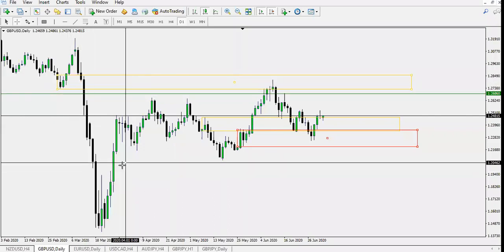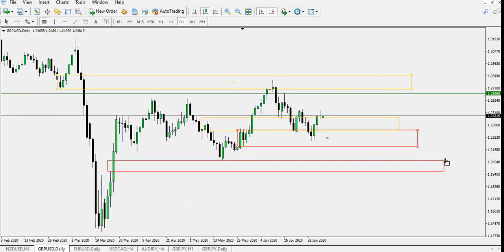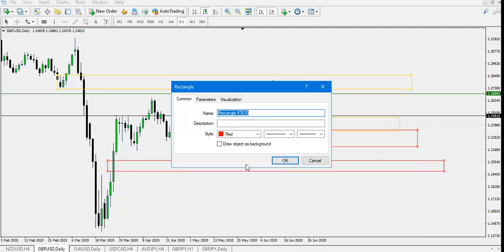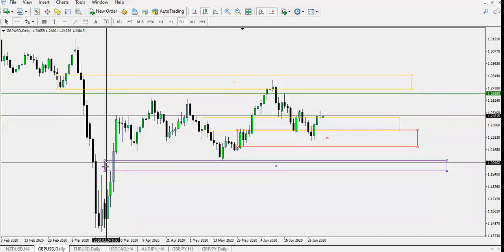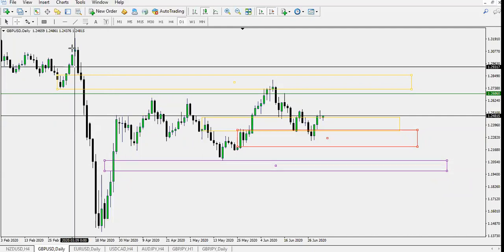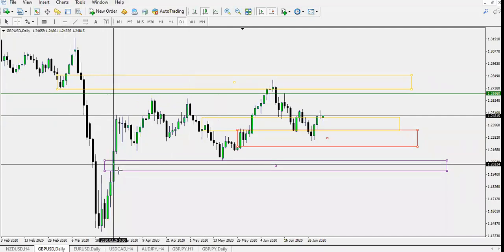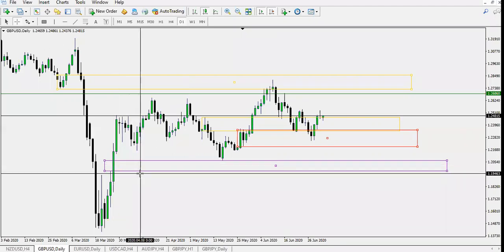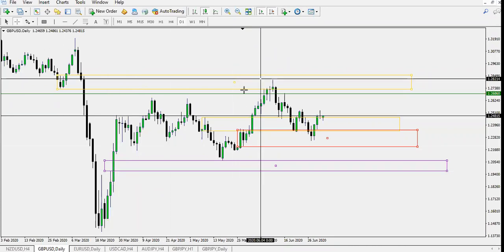Okay, and if we just look at this area of the chart over here, this is still a liquidity void sitting here where we can see that price has not come into this zone of price. So we can expect at some point in time for price to come in there and take up that liquidity void so that they can buy.